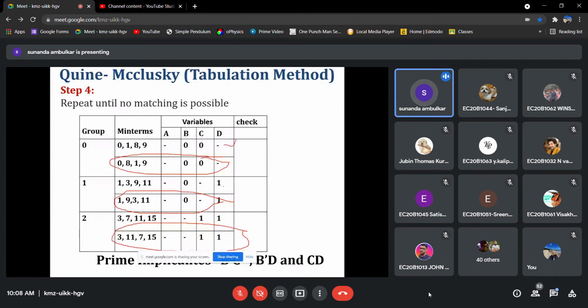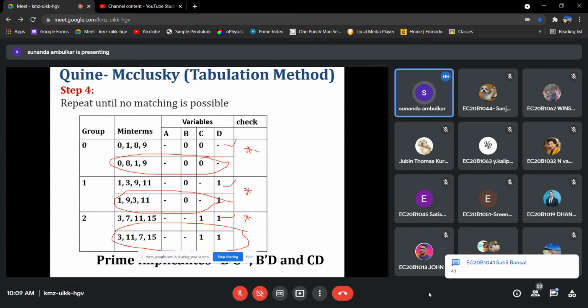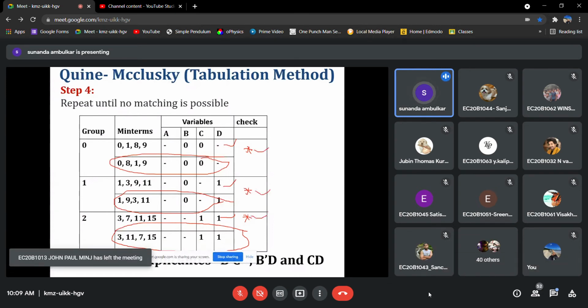What I have already said is that whatever min terms or combinations of min terms have not been checked, those terms we will put a star mark on. Now this is not possible, so I have put a star mark here. Whatever terms have star marks will make the prime implicants.